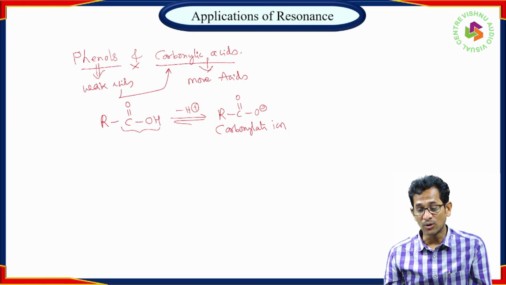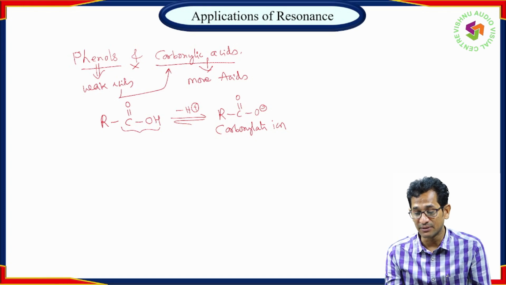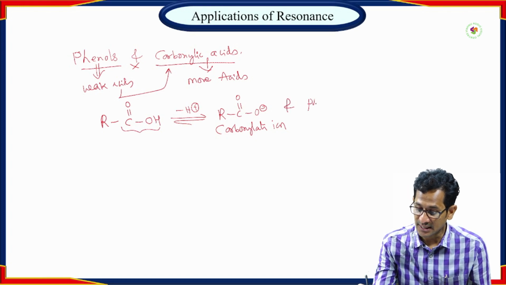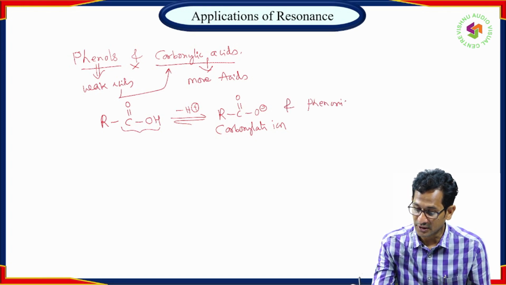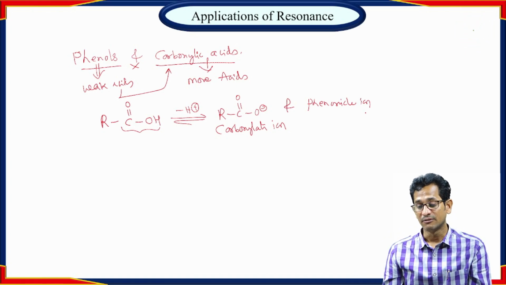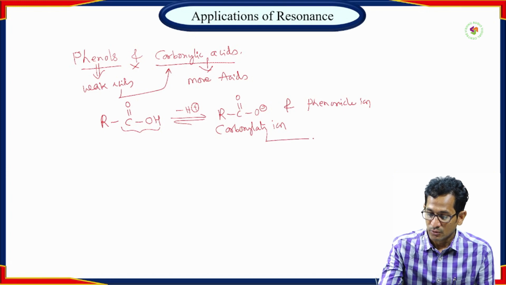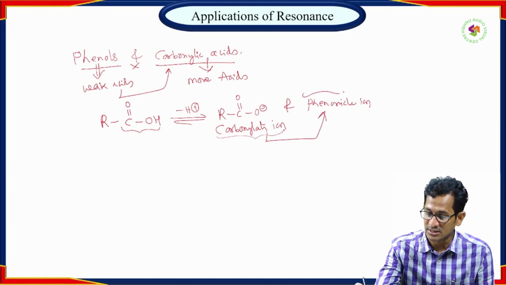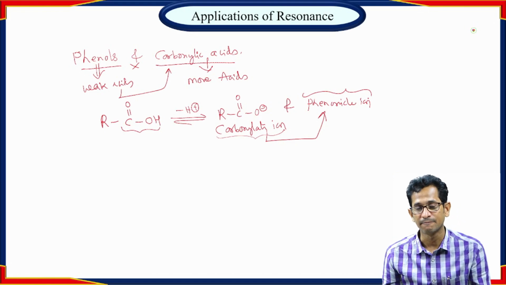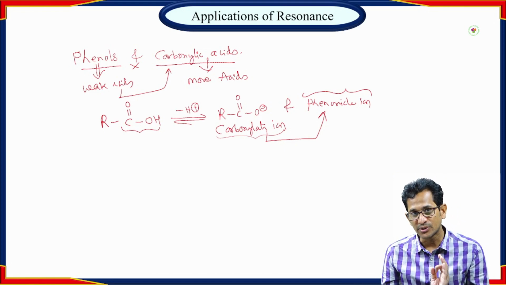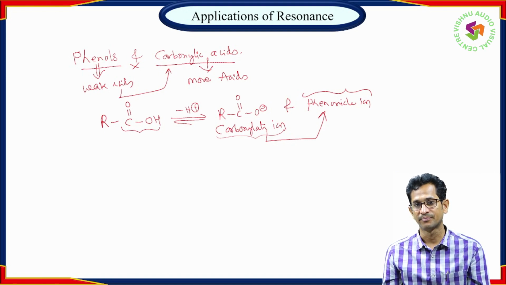Now we have to compare the carboxylate ion and the phenoxide ion. We have to write the resonating structures of the carboxylate ion as well as the phenoxide ion, and proceed through the rules of resonating structures.